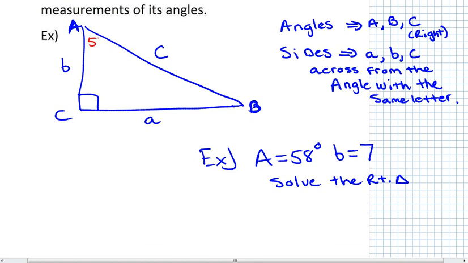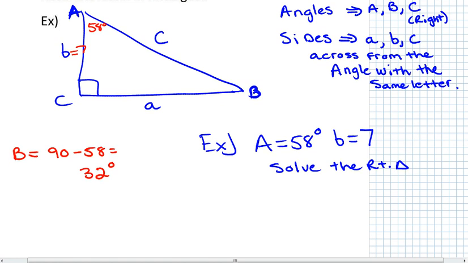So this is 58 degrees, and then side b is 7. First of all, it would be easy to find angle B, because all the angles in a triangle add up to 180, and specifically in a right triangle, the two acute angles add up to 90. So 90 minus 58 would equal 32 degrees.